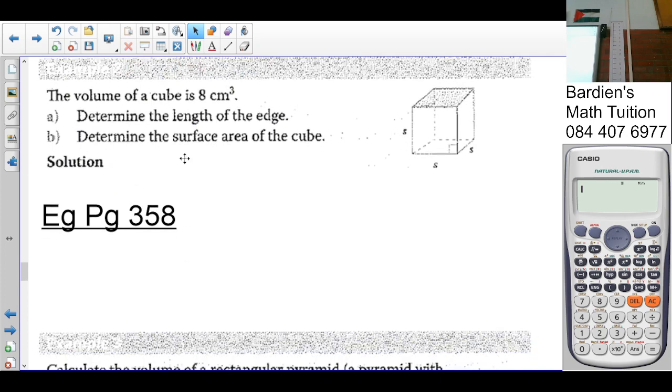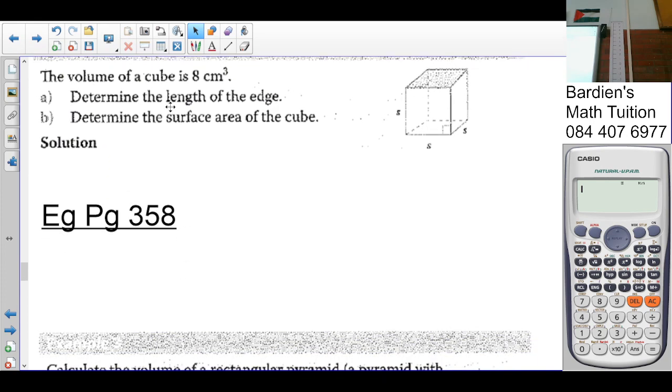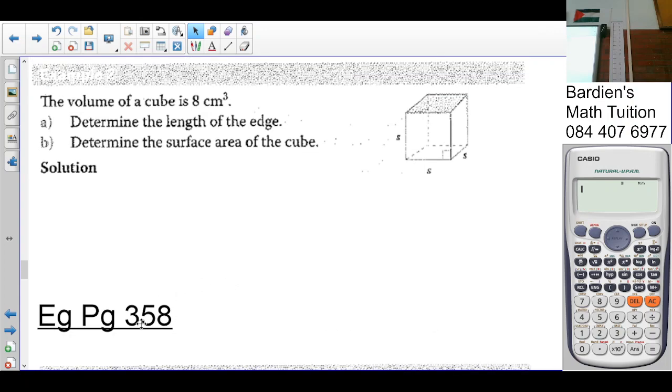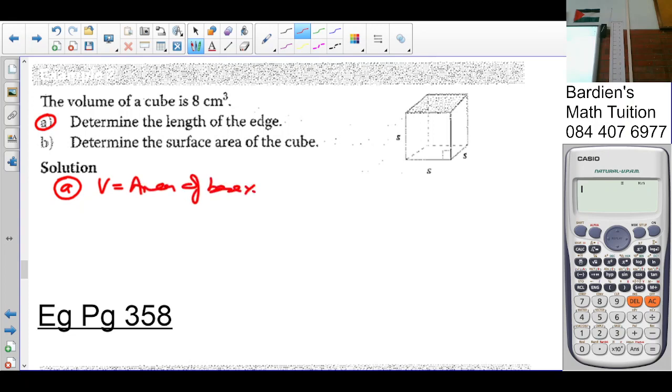We are told that the volume of the cube is 8 centimeters cubed. Determine the length of the edges. So how do we calculate the volume of a right prism? We say area of base times height.